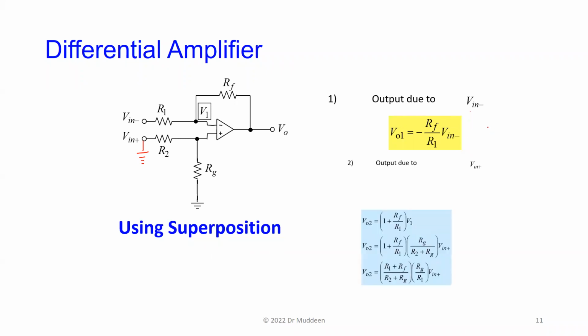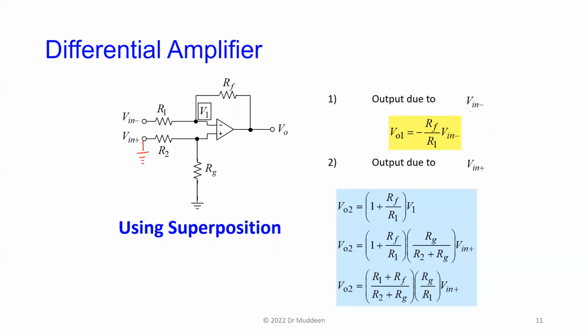And then for the second part, we remove that. In fact, I can erase that. And what we do this time is to ground here, and we put V in plus on this side. If V in plus is here and here is ground, we can calculate V1.